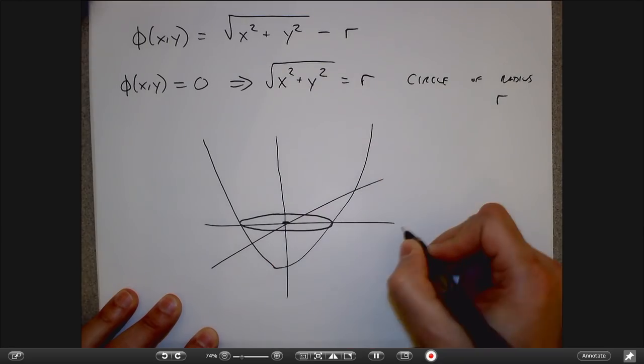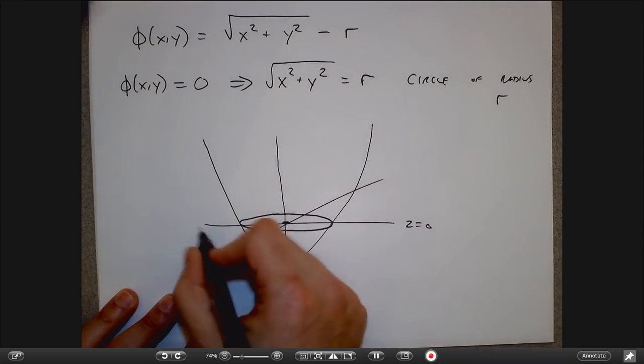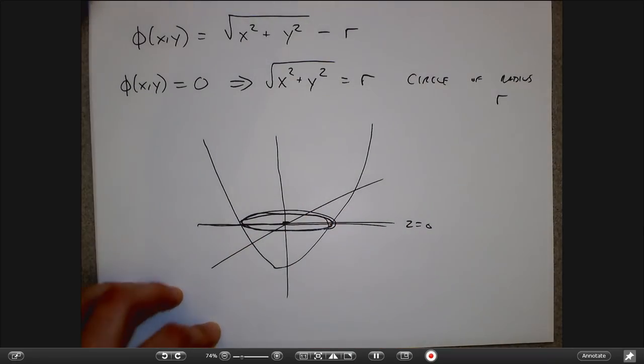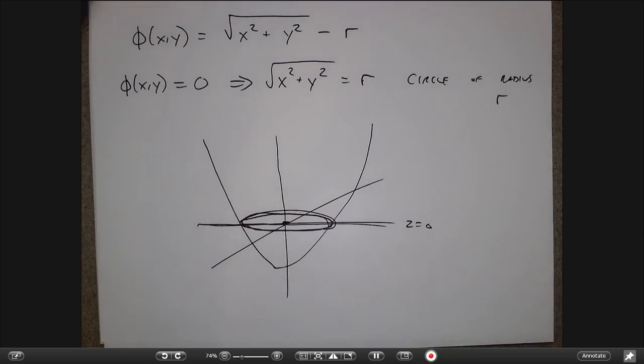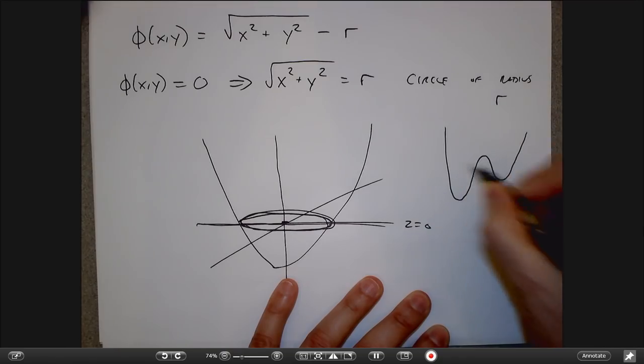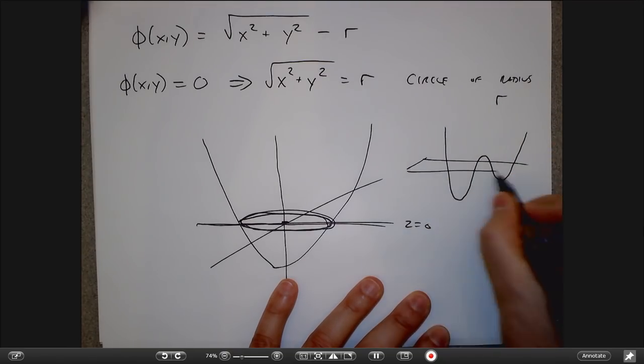And I look and see what I get in the xy plane: I get the outline of this thing. And so in a way, I can imagine that I have a function with a shape like this, and when I intersect it, I could get this and this.